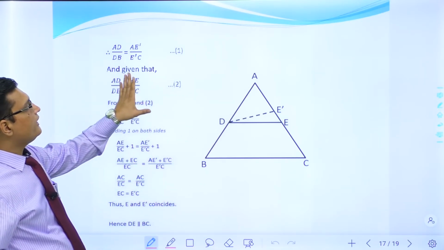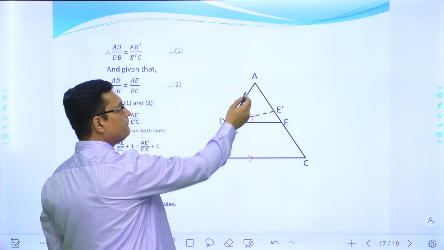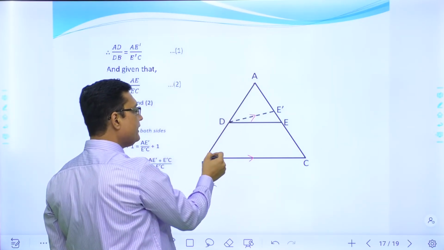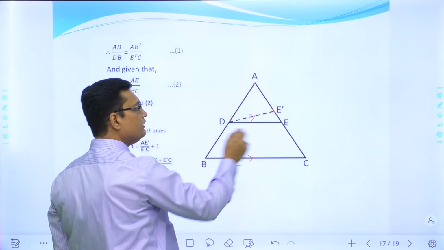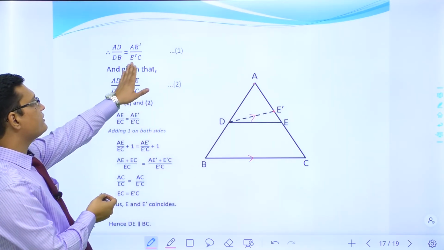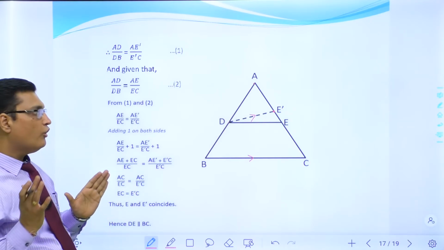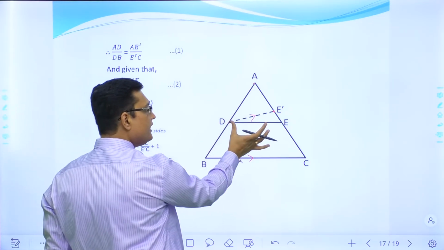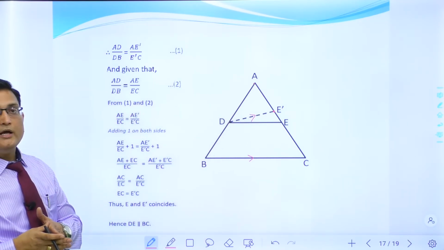If I am saying that DE is parallel to BC, that means AD upon DB is equal to AE dash upon E dash C. This is our equation number 1. Now, in the question, they have already told that this line DE is dividing it in the equal ratio.